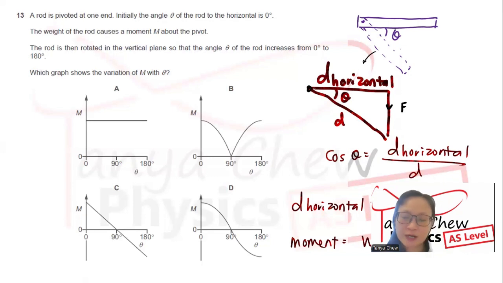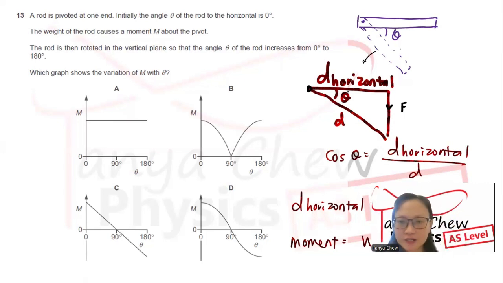Since the force is acting in vertical direction, you have to find the length of the rod in terms of horizontal direction, because moment is equal to force multiplied by perpendicular distance. Since the force is acting vertically, the distance must be horizontal to form perpendicular distance.